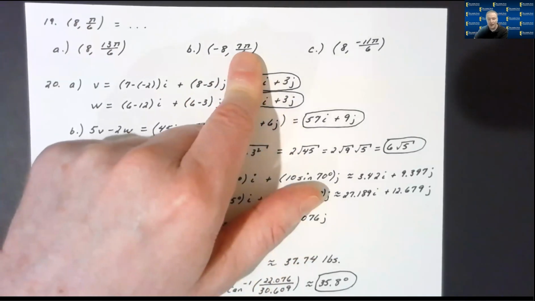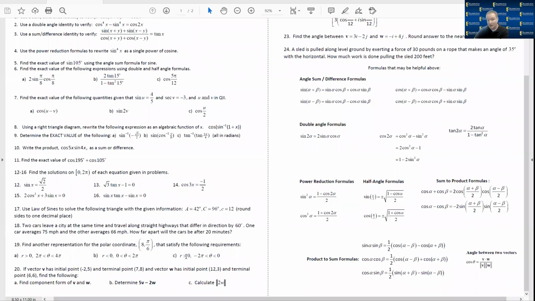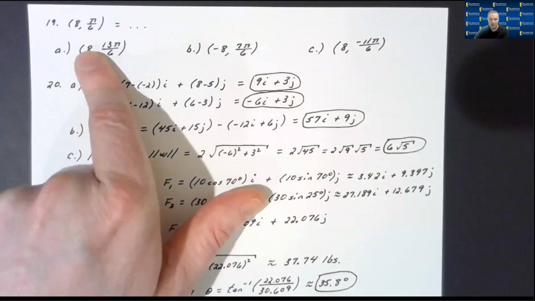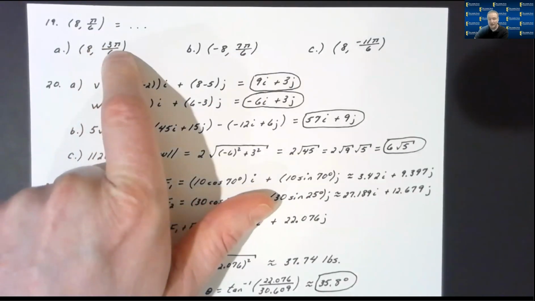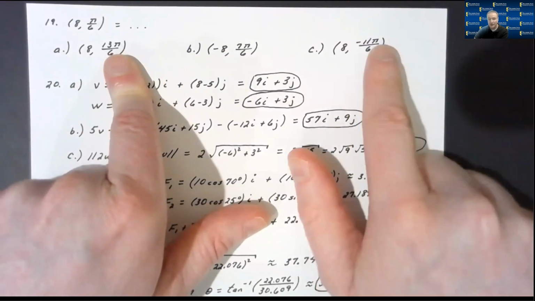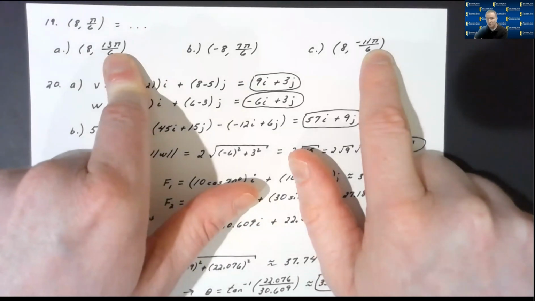Gorgeous. Now for our last one here, I still want a positive r value, so you know r is going to be 8, but now your theta value has to be negative. So this is very similar to the first one, except now instead of finding a coterminal angle that's 2 pi radians to the right, you'll find a coterminal angle that's 2 pi radians to the left.